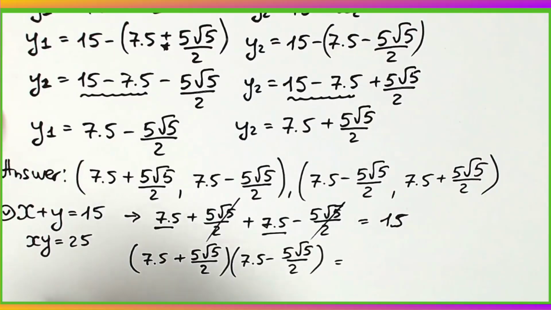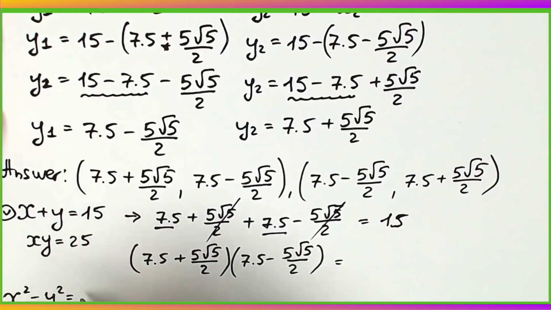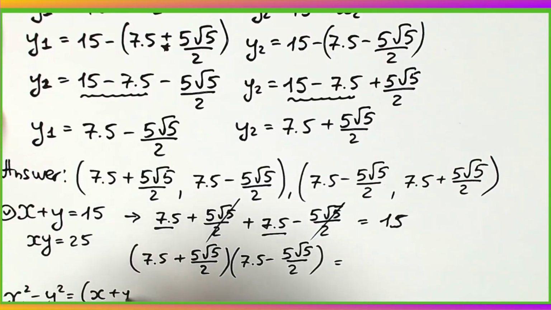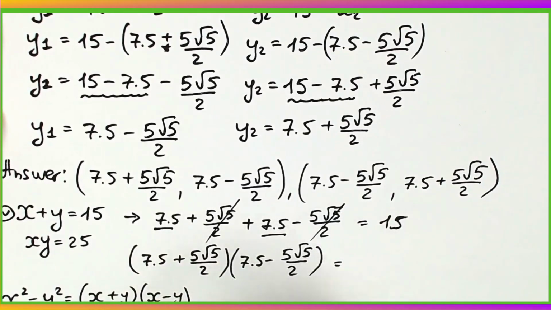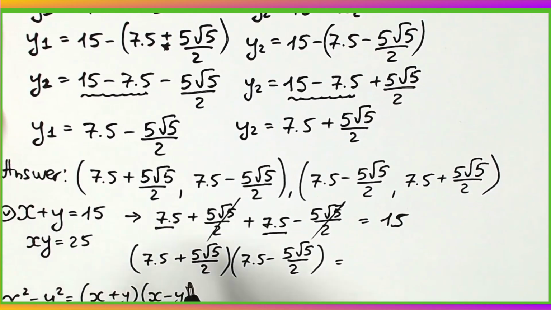This is a well-known formula. So we have x squared minus y squared equal to x plus y times x minus y. Right now, let's look closely at what we have in our question. For example, this is our x, this is our y. So we have x plus y and x minus y. So this is a difference of squares.